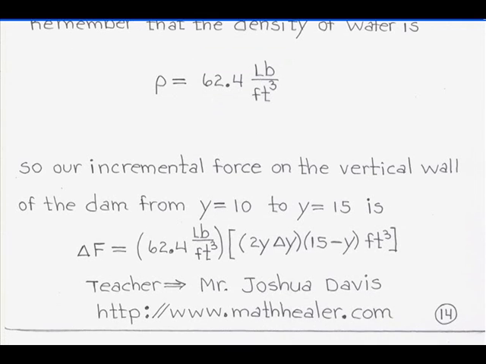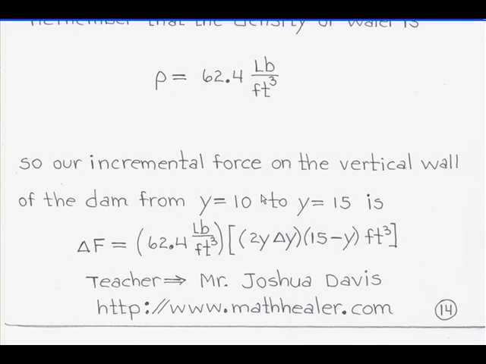So, our incremental force on the vertical wall of the dam from y equals 10 to y equals 15 is delta F is equal to 62.4 pounds per cubic feet times 2y times delta y times 15 minus y, and that's in cubic feet.